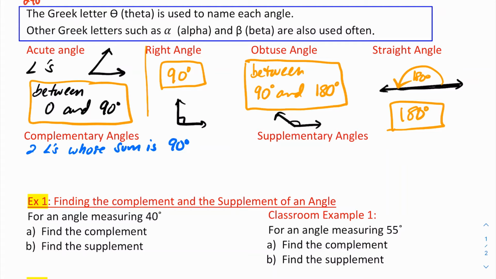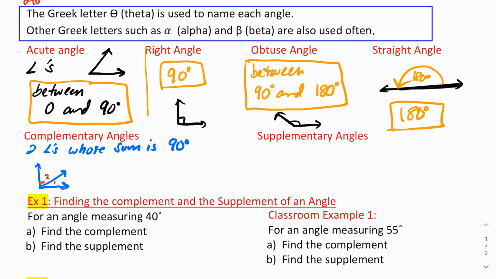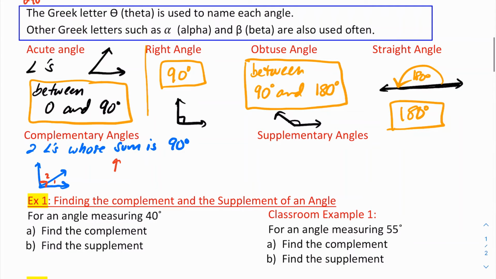And they could either be next to each other, such as this picture here. So if I said angle 1 and angle 2 are complementary, or they can not be. So if that's 40 degrees, and let's say that this angle is 50 degrees, and that's angle A and angle B, then angle A and angle B are also complementary angles.